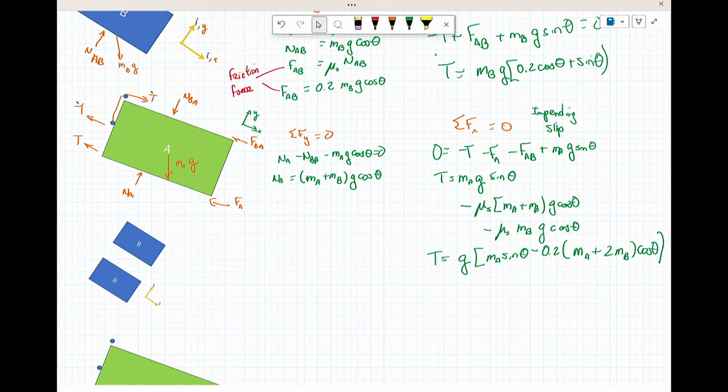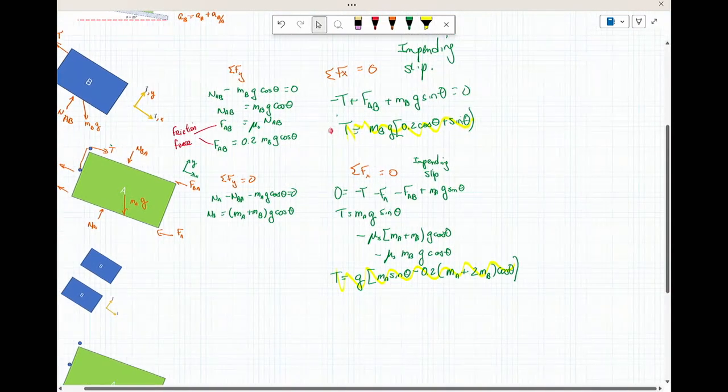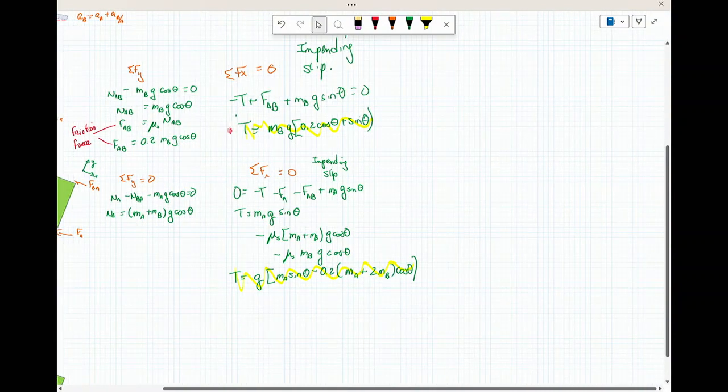So I have an expression for T, and I have another expression for T. So I have two expressions for T there, and they have to be equal because it's the same tension. So let's see what happens. Actually, I'm going to move over a little bit more because I need to go back.